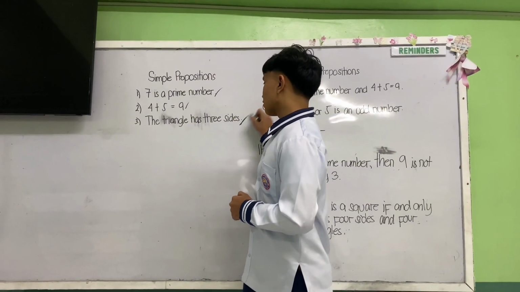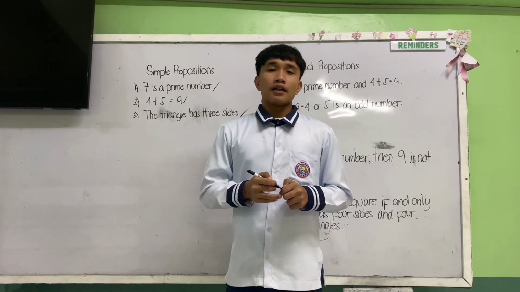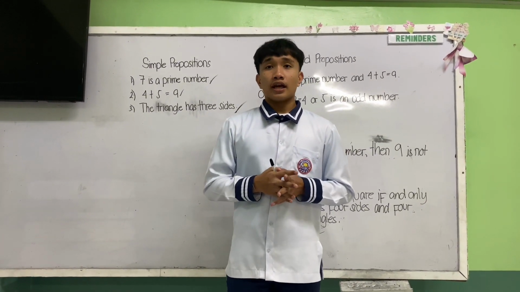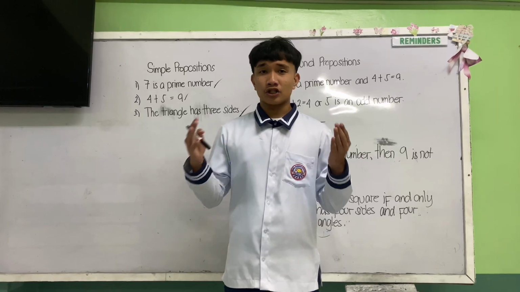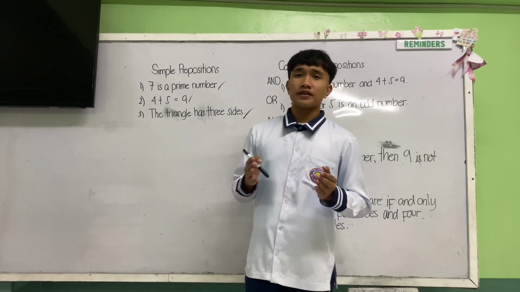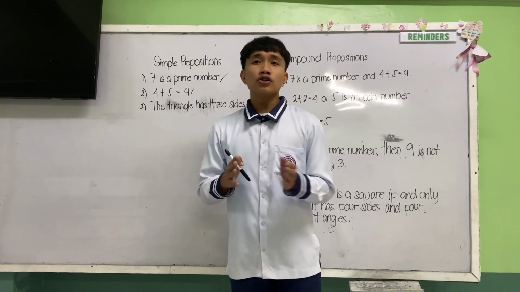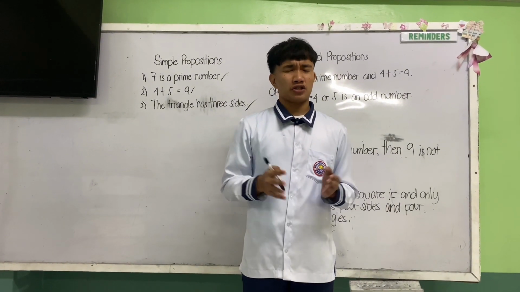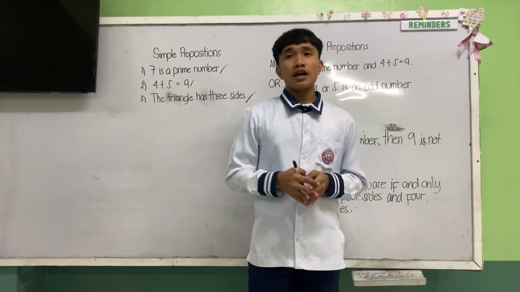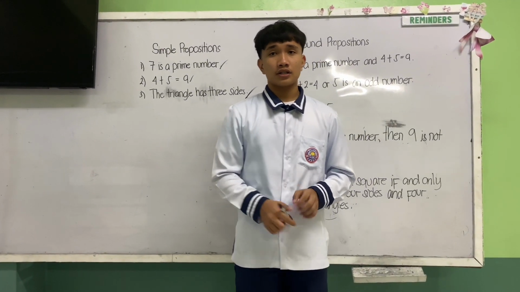The triangle has 3 sides. This is true because it is defining a property of triangles. Each of these examples is complete and independent. You don't need additional information to determine whether they are true or false.